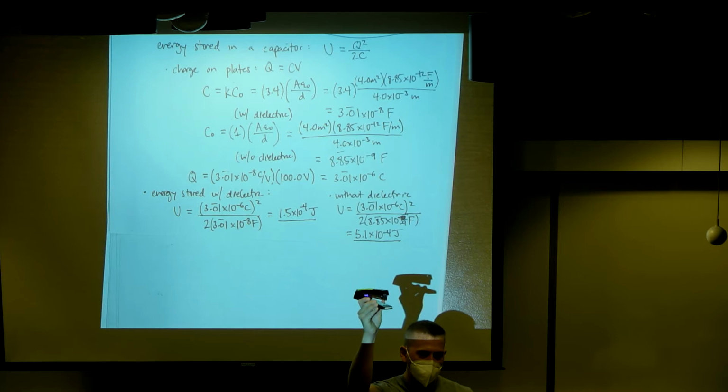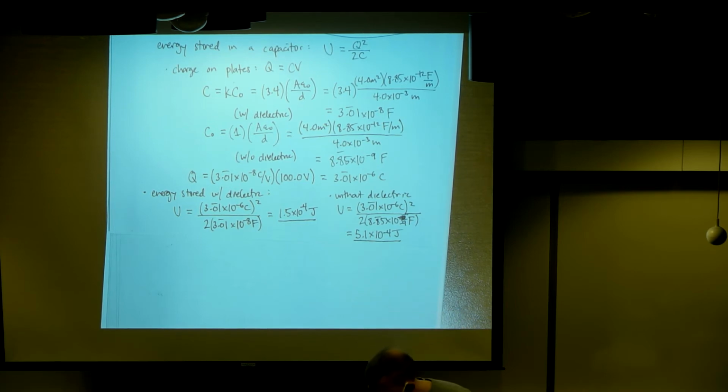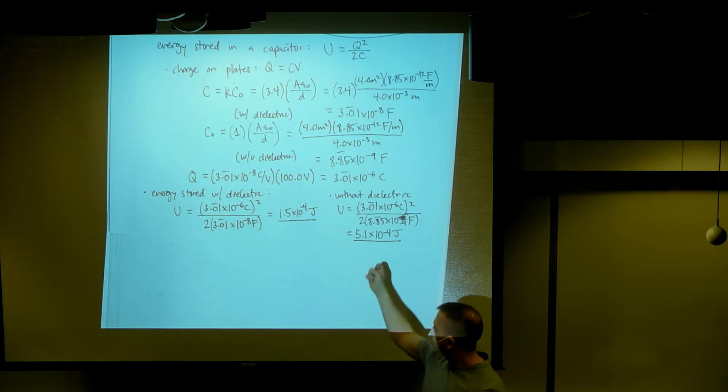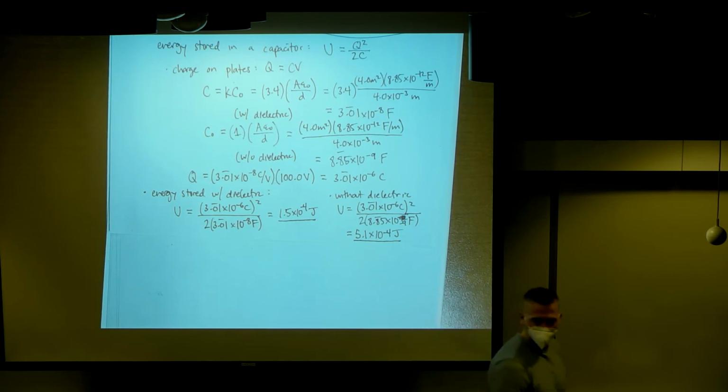So because I've expended some work, I've increased the energy. That must be what's going on here. In order to take the dielectric out, it actually requires some work. It doesn't just come out easily with no resistance. As we're going to see, because of the charges on the dielectric, it's going to take some force to pull it out, and you'll have to do some work. And that explains the energy difference here. Okay?